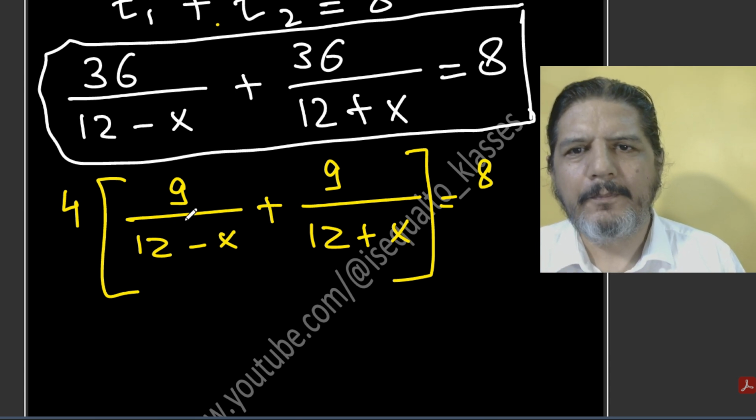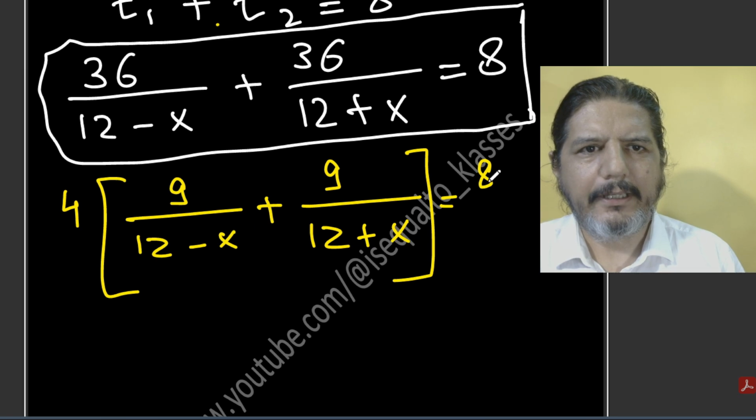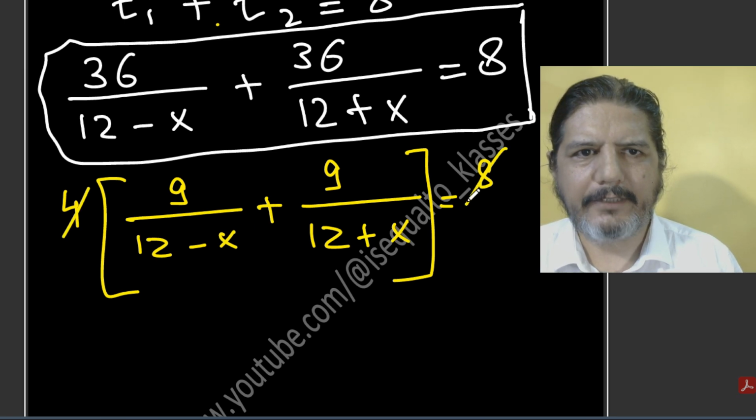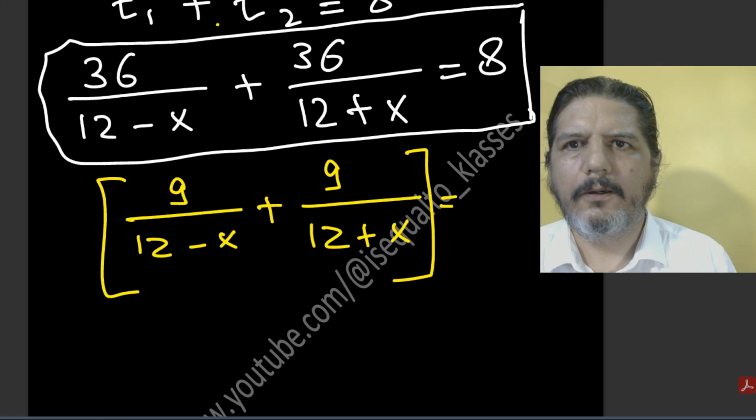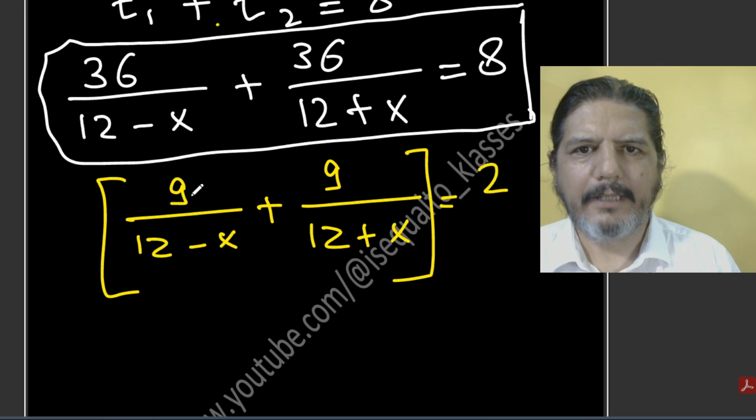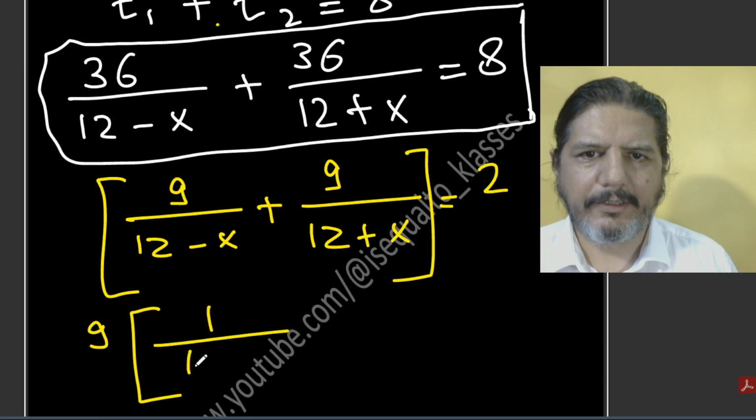I hope you understand. So 4 has been taken out, and here you have 8. So this 4 and this 8 will cancel. So I'll have 2 here. And then I'll take this 2 over 9 common. So I'll have an equation like this.